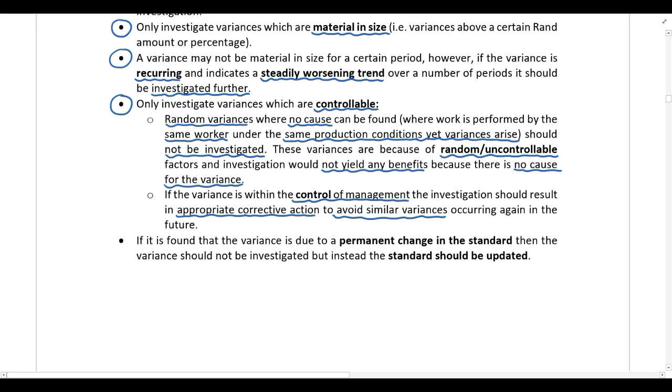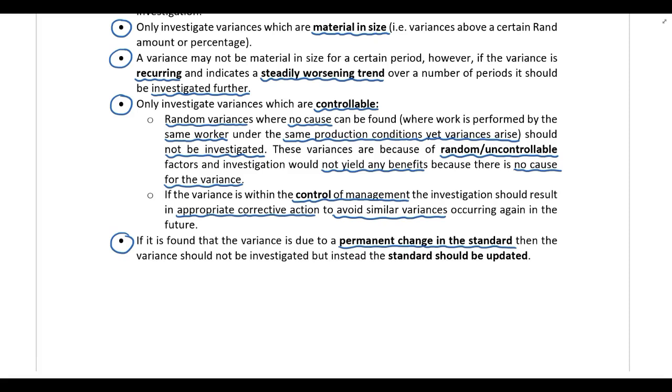Then lastly, it's important to note, if it is found that the variance is due to a permanent change in the standard. So let's say, for example, standards were set at the beginning of the year, and now halfway through the year, the price of material has increased. So there's a permanent change in the standard. Then you don't need to investigate those variances.